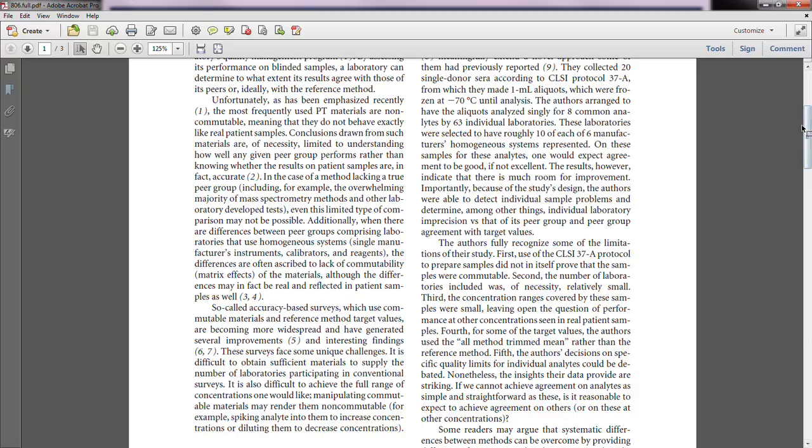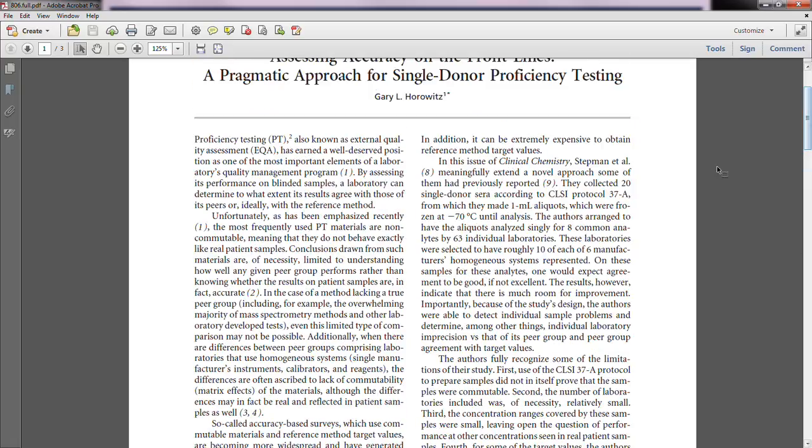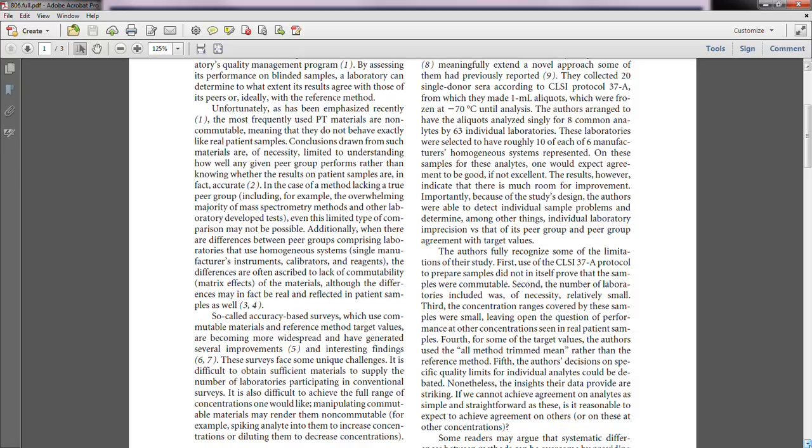And it's difficult to achieve the full concentrations to mimic high and low, to mimic disease. In the paper that we've just gone through, they collected 20 single donor sera, made aliquots, kept them frozen, and sent them to different laboratories. And basically the results show there's room for lots of improvement.